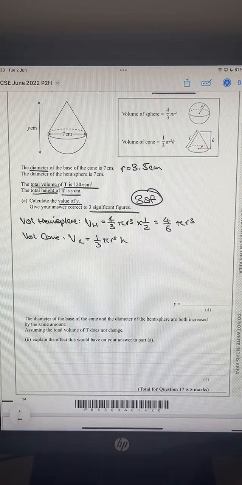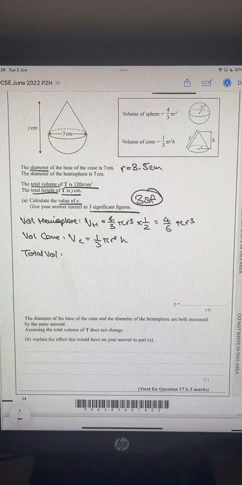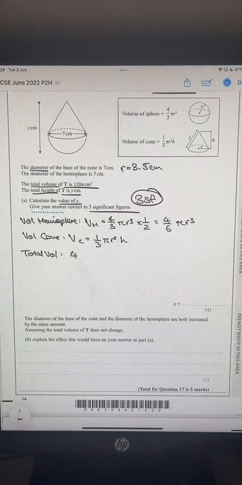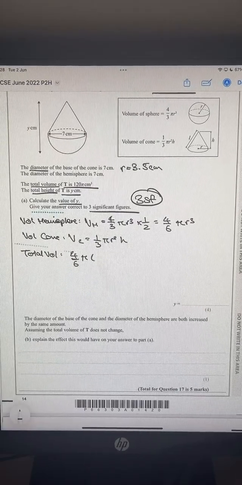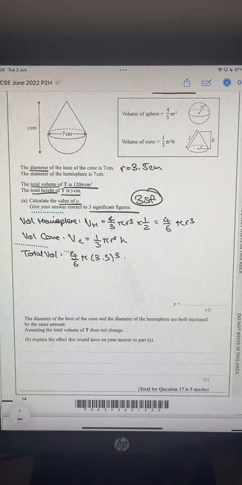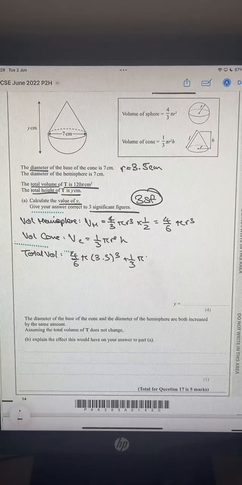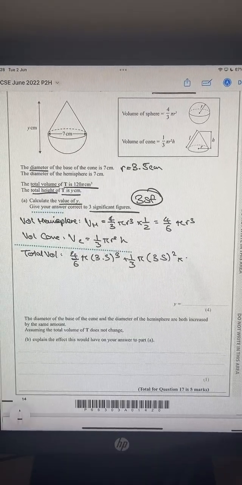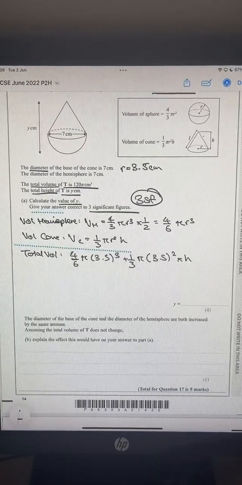You should be fine. So we know that the total volume is the volume of the hemisphere plus the volume of the cone. So 4/6 pi, and my radius is 3.5, so 3.5 cubed, plus 1/3 pi times my radius, which is 3.5 squared, times h. Do I have my vertical height here?